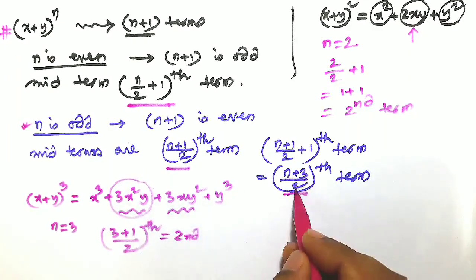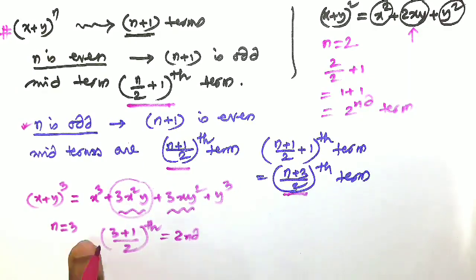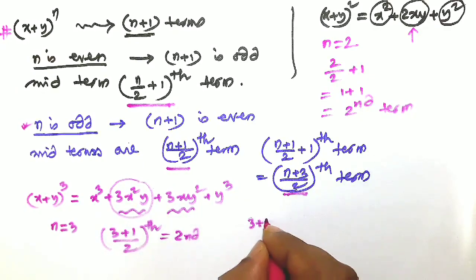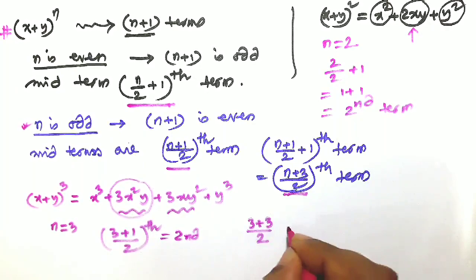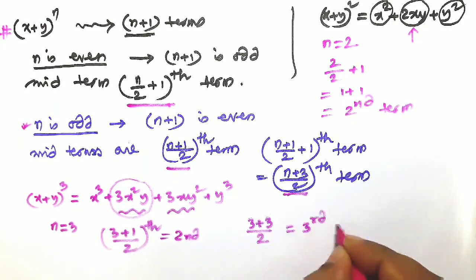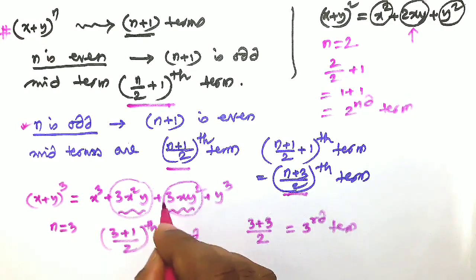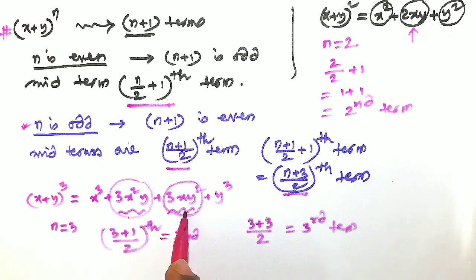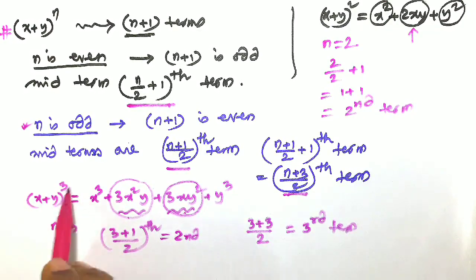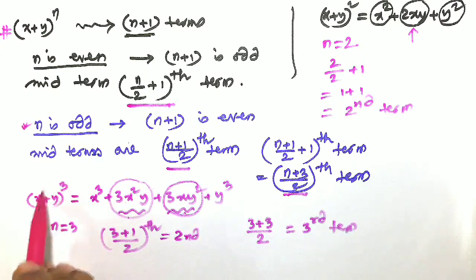And similarly (n + 3)/2. n is 3, so (3 + 3)/2 is equal to 6/2, which is equal to 3. That means the third term. Yes, the third term is also a middle term here. So the second and third terms are the middle terms in the expansion of (x + y)^3, and 3 is an odd number.